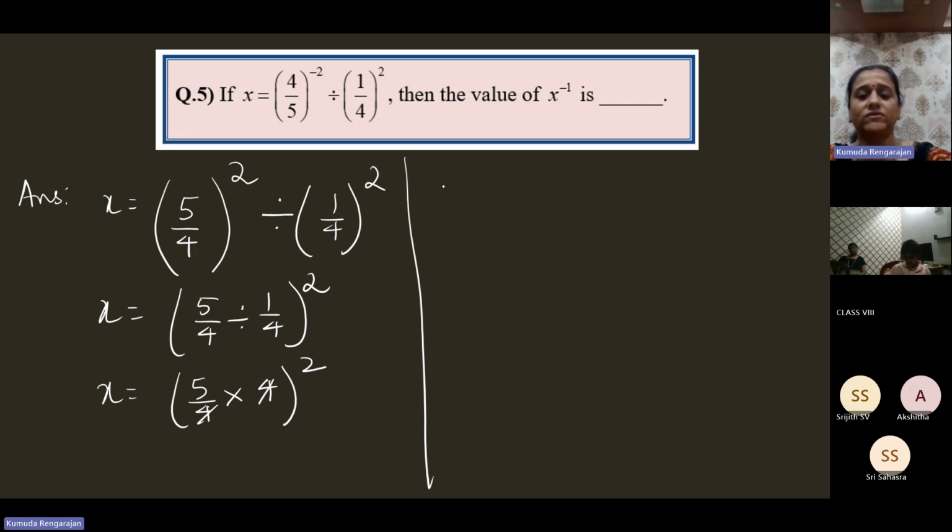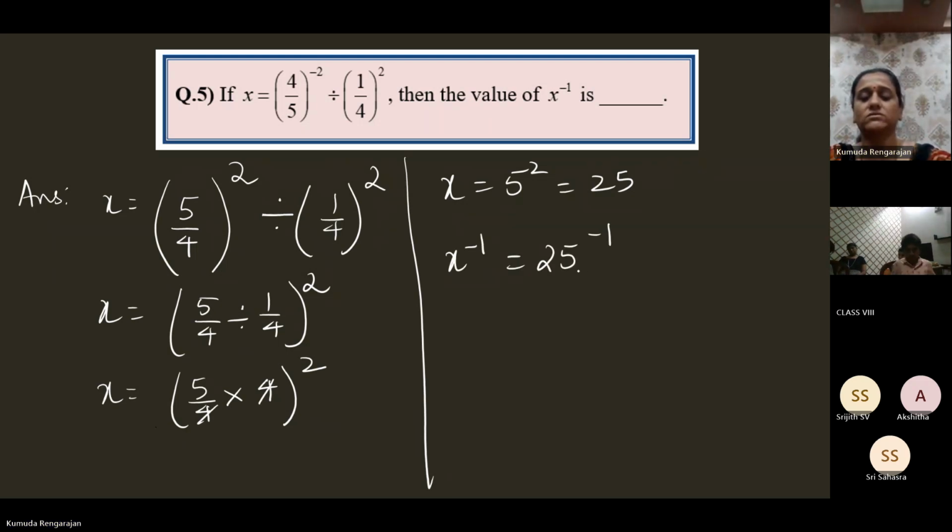So we have x is equal to 5 squared or 25. But we need to find the value of x to the power minus 1, which is 25 to the power minus 1. And what is 25 to the power minus 1? It is 1 by 25: reciprocal of the base and negative of the power, minus 1 plus 1, so you don't have to show that power. So x to the power minus 1 is 1 by 25.